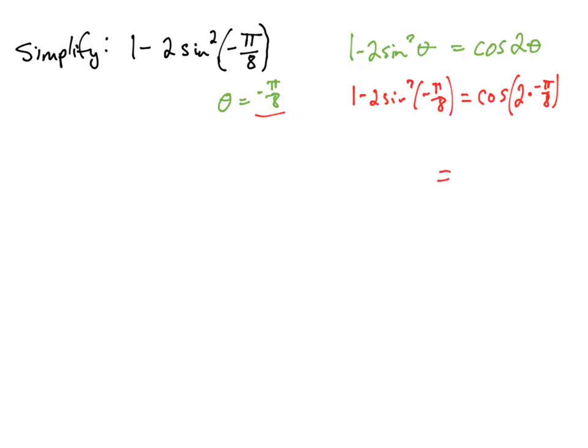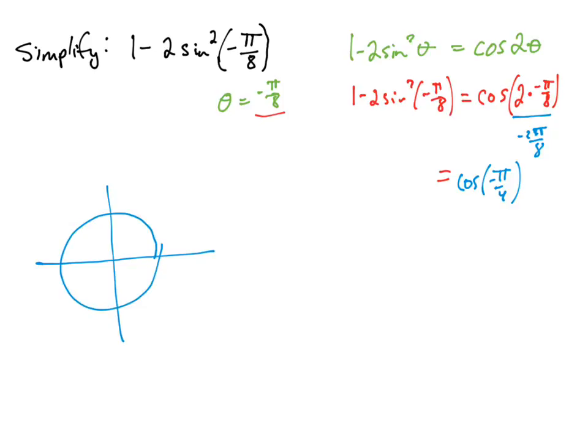Well, cosine of 2 times negative pi over 8, 2 times negative pi over 8 is negative 2 pi over 8, which we could write as negative pi over 4. So we're going to have cosine of negative pi over 4. So negative pi over 4, that is on the unit circle.